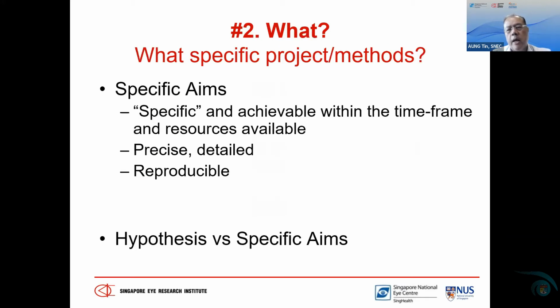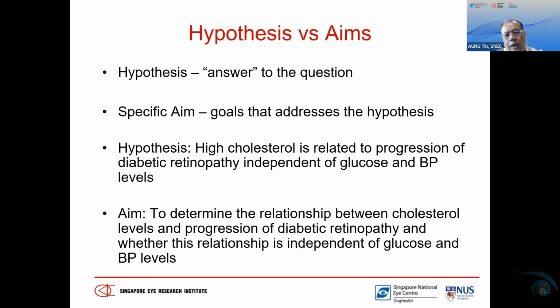Next, what your project is going to do, what methods you're going to use. What are the things you're doing specifically, your aims? Particularly, you have to know what is achievable and also your hypothesis. What does hypothesis mean? Hypothesis means why you're doing it and what is your hunch, or what you expect.